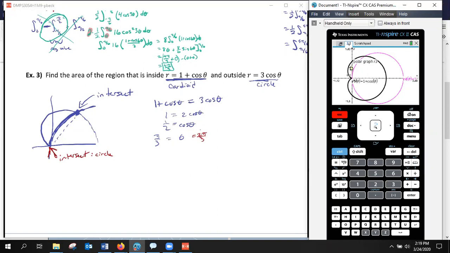The other one is going to be at 5 pi over 3. So I could end up with both. Now, for Gabriel saying pi over 2, for the circle, this is going to be pi over 2. But for the cardioid, what is the angle that creates that one?